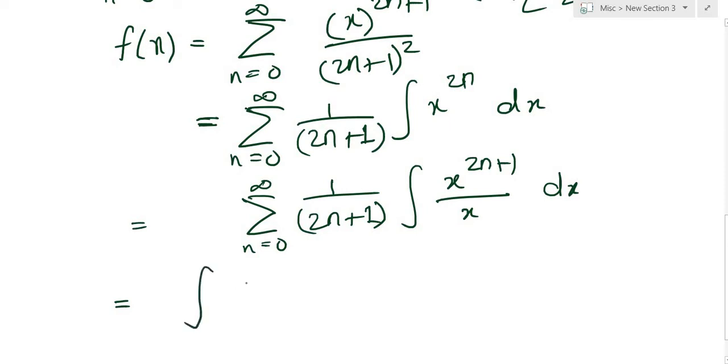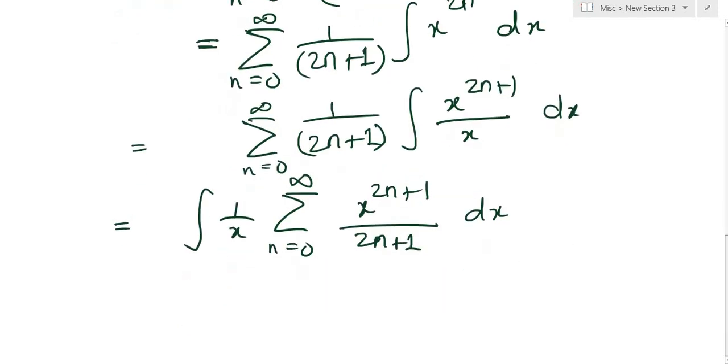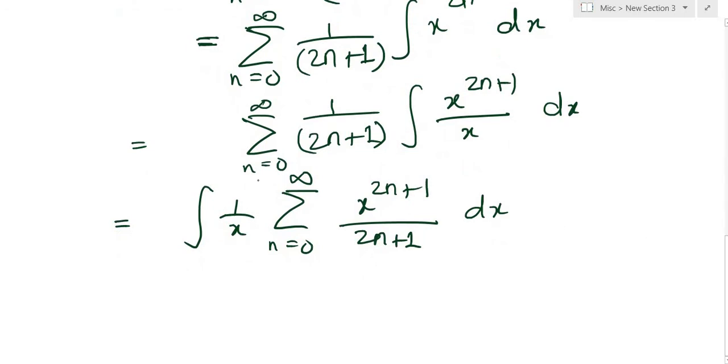So we can take the integral outside, and all the things that do not depend on n can be taken outside. So this 1 over x can definitely come outside, and we have the sum for n equals 0 to infinity of x raised to 2n plus 1 upon 2n plus 1, and don't forget the dx. Now what does this thing look like?